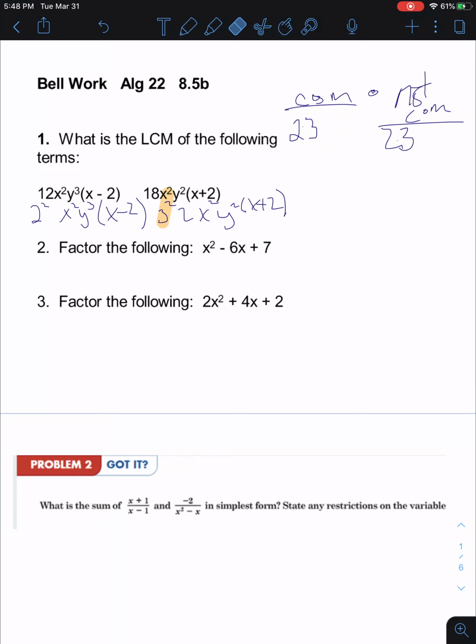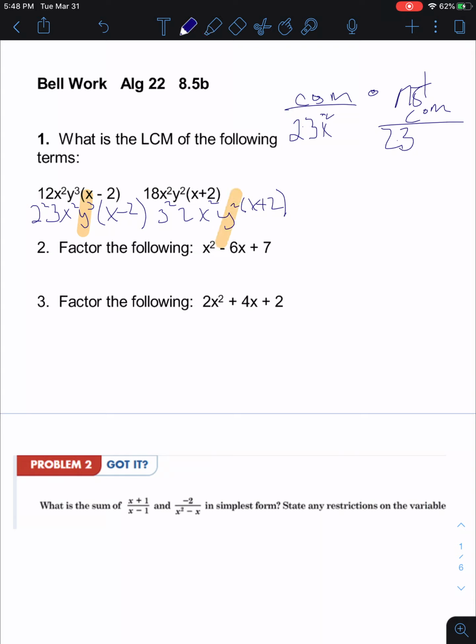If we looked at then the x's and the y's, so x's, there are 2 x's here and there's 2 there, so we have 2 x's in common, and no extras. And if we then looked at the y's, we have 3 y's here and 2 y's there.